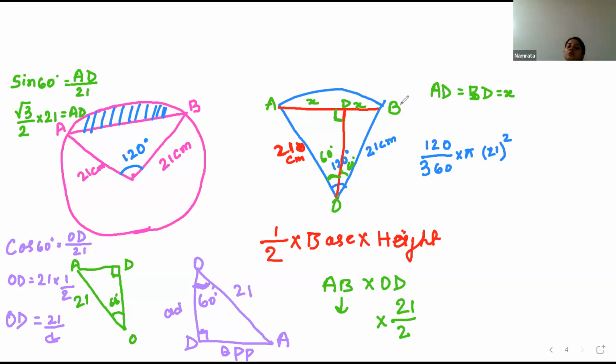AD is root 3 by 2 into 21. BD is also root 3 by 2 into 21. So can I say 2 times root 3 by 2 into 21 we will do? Then we will get total AB. Right? Yes, ma'am. And here 1 by 2 is also there. Let me write everything properly now.